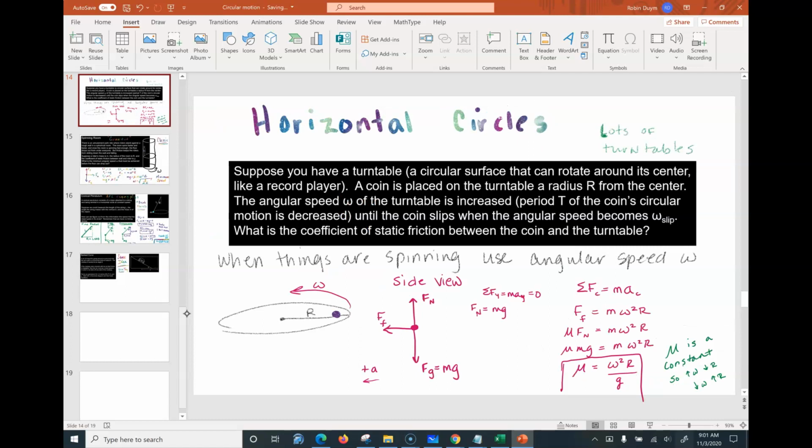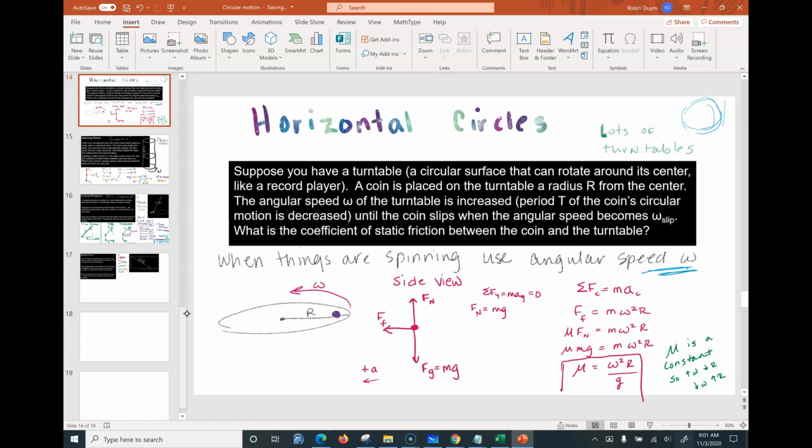Turntables. You're going to see lots of turntables. You're going to see problems with a little ladybug on a turntable or a coin on a turntable or something like that. Now a turntable is sort of like a record player, and I think those are coming back into the retro world, so I think you all know what that is. But since it's spinning around and around, we're going to end up using our angular speed rather than our linear speed.